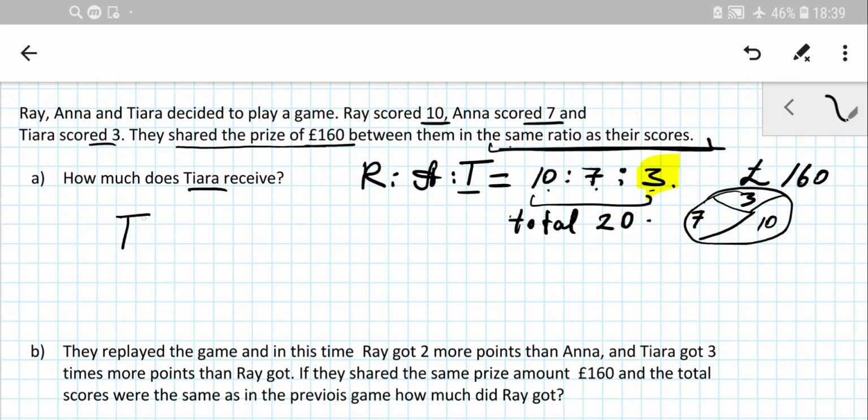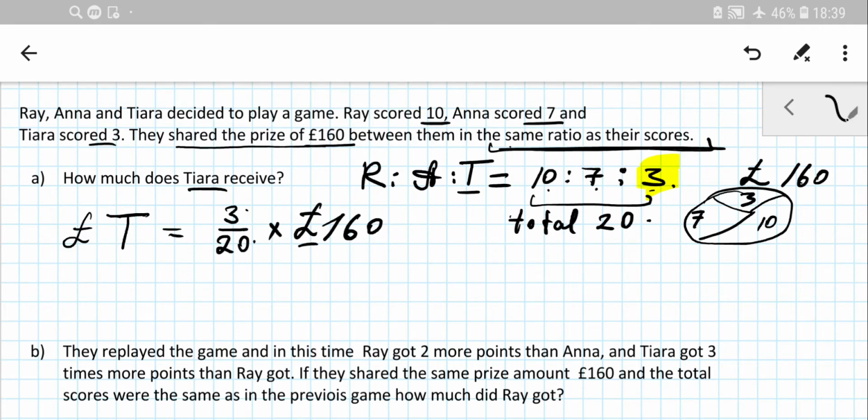So for Tiara's share of the prize, in pounds, she got 3 out of 20 parts, and then you apply that to 160 pounds. And one more time, you keep track of the units: pounds, and this is without units, since score over score is just nothing.